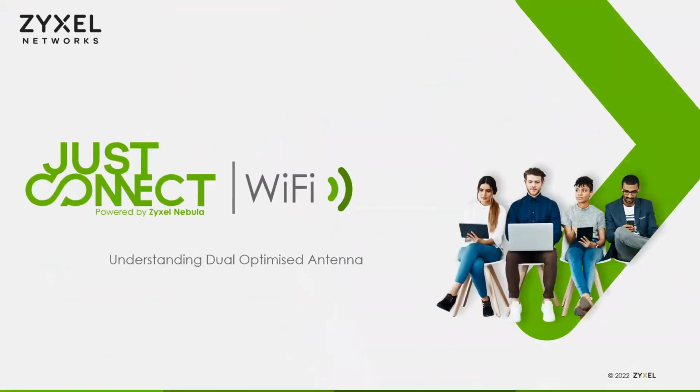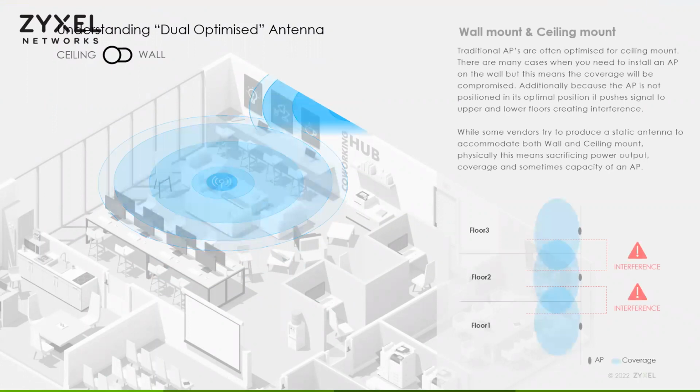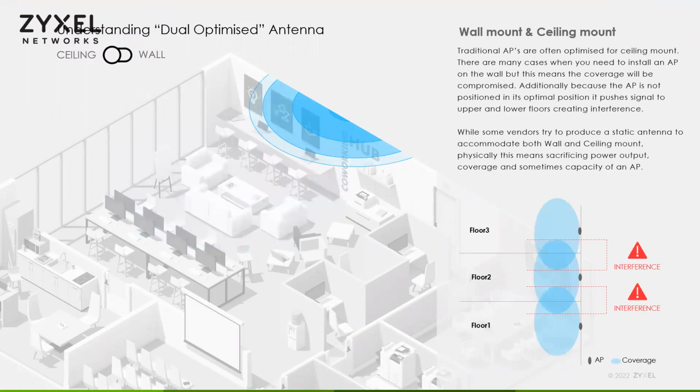So for those of you not familiar with dual optimized antennas, that's the antennas that are on the new WAX model there. Basically, your typical AP is designed to be mounted on the ceiling above the area that needs to be covered. However, out there in the real world, sometimes you've got to mount APs on the walls. You don't have ceiling access, or you do, but there's ductwork and things like that that are going to interfere with RF.